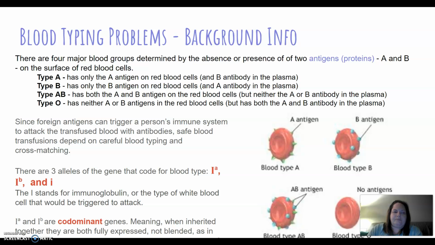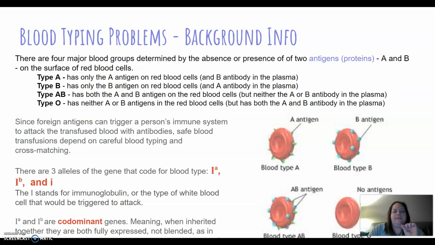Now, there are 3 alleles of the gene that code for blood type. We're going to use the uppercase I as our main allele, and then we're going to superscript our blood type.